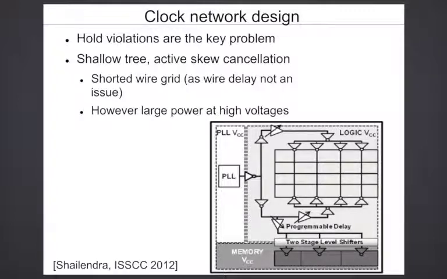Now the question is, at what resolution can you synthesize the delay? If you have a bunch of logic gates and you select between 1 stage versus 2 stage versus 3 stage, your delay resolution is in steps of logic cell delay. Whereas in clock skew, maybe you want to compensate fractions of delay. So that might not be a good approach.